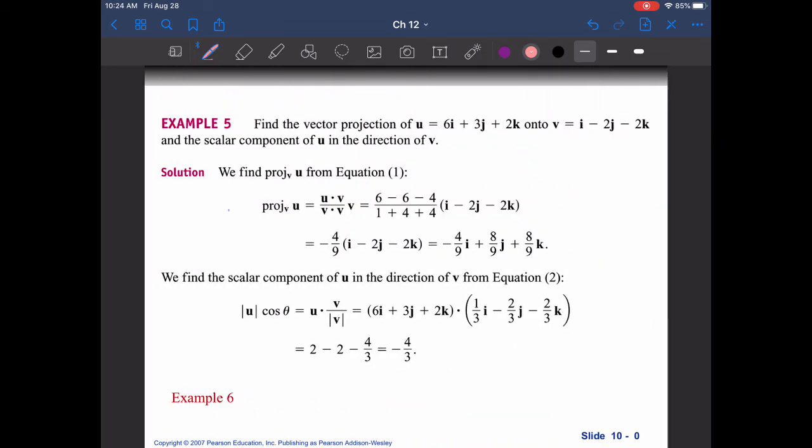All right, so here is example 5. Find the vector projection of u onto v. For this one, this video is getting a little long, so I'm going to leave you to look through this, but think your way through it.